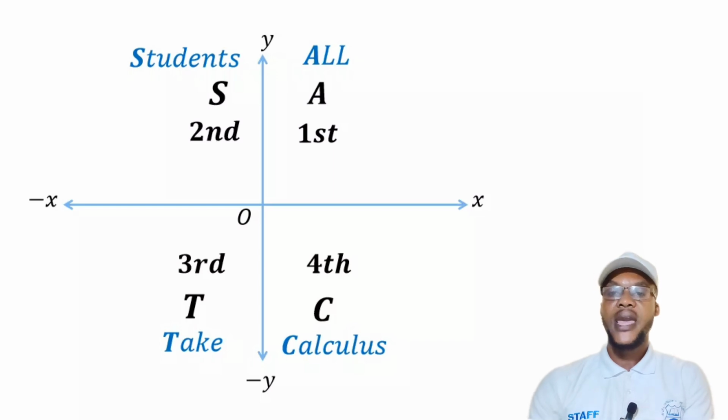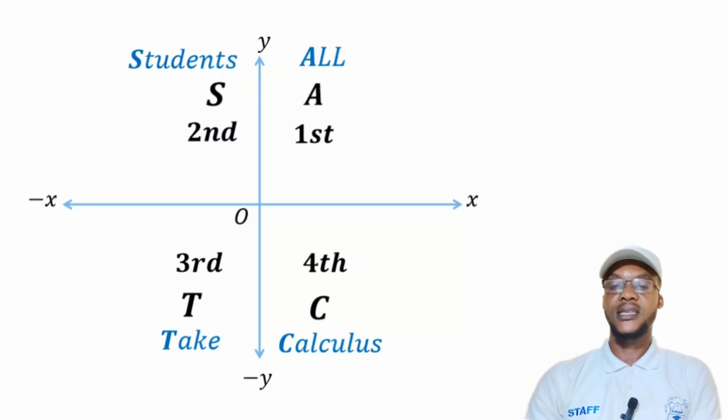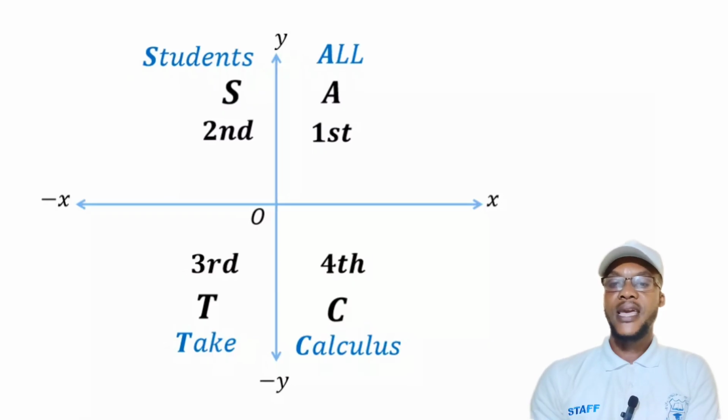So why the CAST and why All Students Take Calculus? You know that the Cartesian plane has the y and x axis. The x and the y axis divide the Cartesian plane into quadrants. So the A, what does it mean?